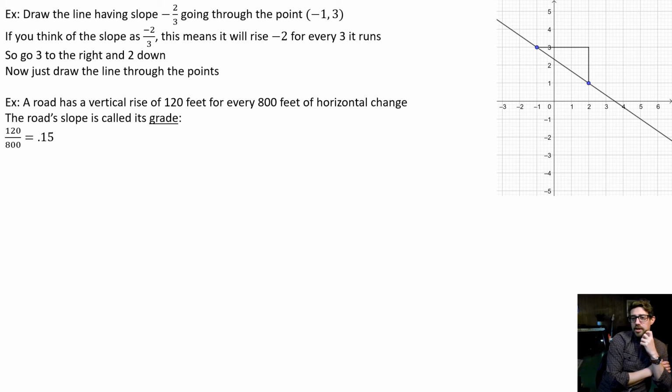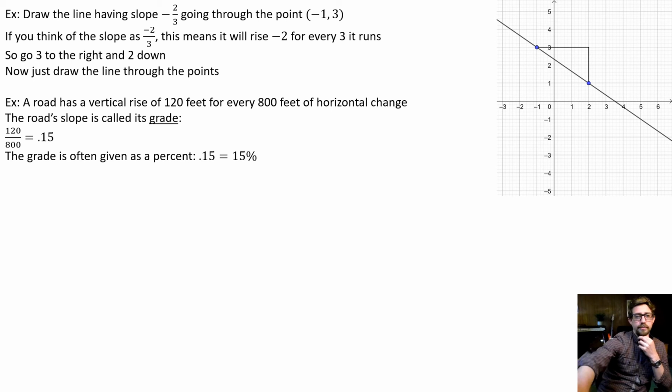The only other thing is oftentimes this number is expressed as a percent. So you just convert it to a percent by moving the decimal place over twice. So now you know what that means. If you hear that a road has a grade of 15%, that means that its slope is 0.15.